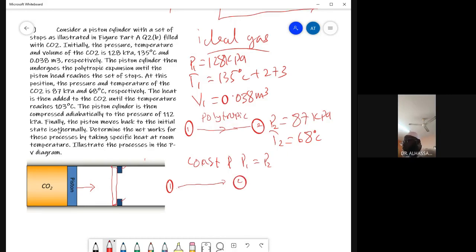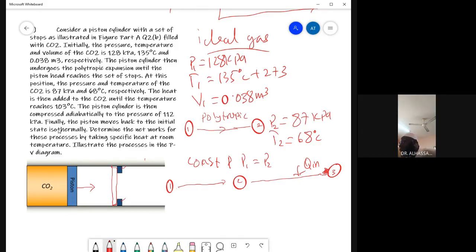At state 2, heat is again added to the system, so it will move to a new location called state 3. So here there is Q in added to the system between these two states. This is a polytropic process, and this is a different situation.